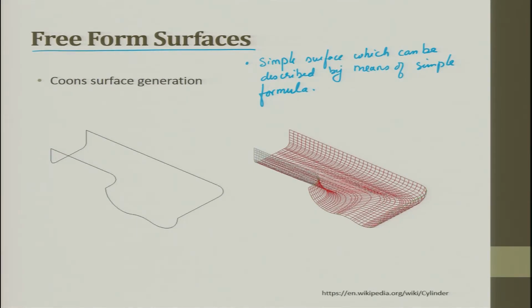So, in reality you will have many surfaces which have to be drawn. So, what we do is we try to divide the surface. The easiest thing is we will try to divide the surface into small patches, okay, and which is defined by a network of curves.